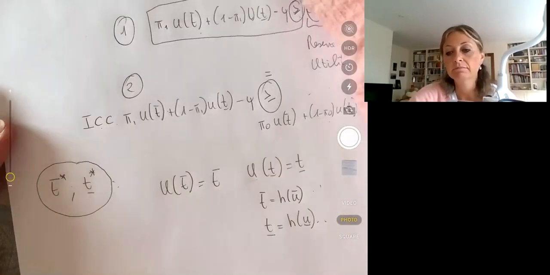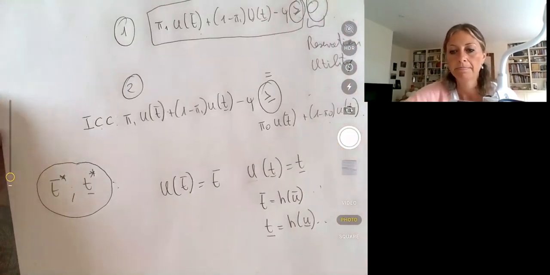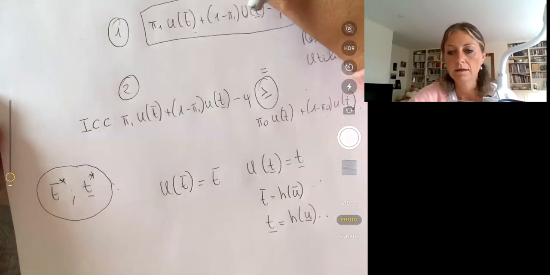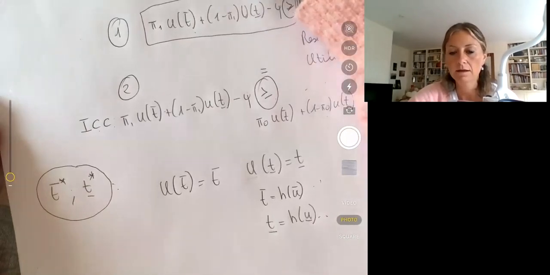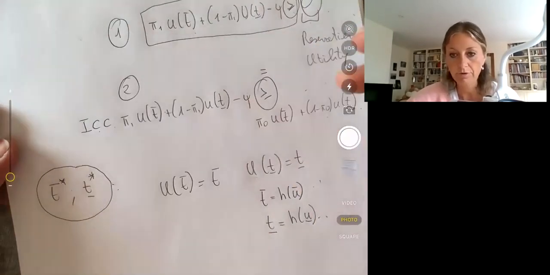Now, since the set of constraints is now linear, we can rewrite them.